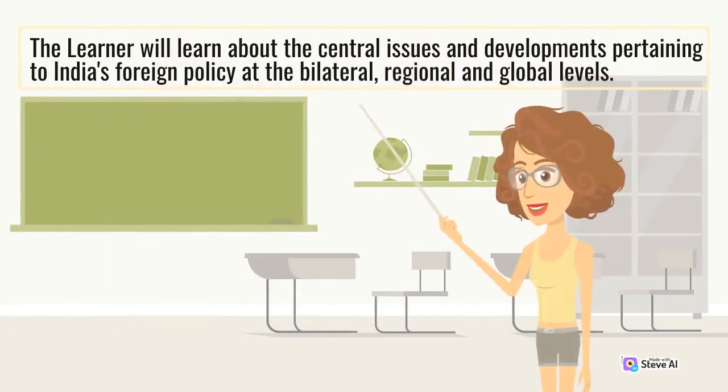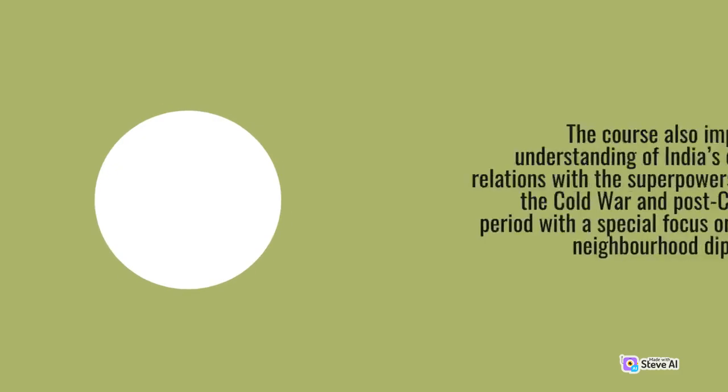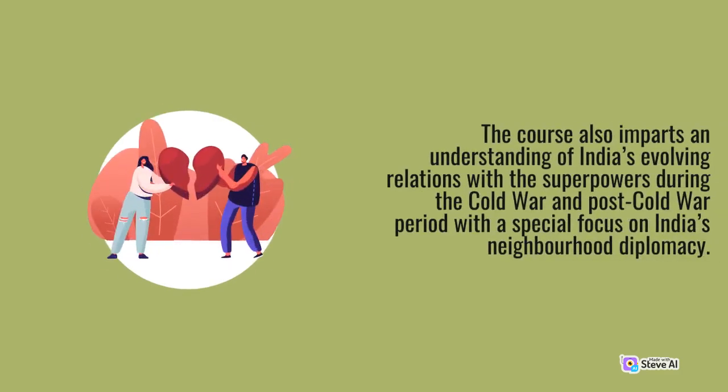The learner will learn about the central issues and developments pertaining to India's foreign policy at the bilateral, regional and global levels. The course also imparts an understanding of India's evolving relations with the superpowers during the Cold War and post-Cold War period, with a special focus on India's neighbourhood diplomacy.